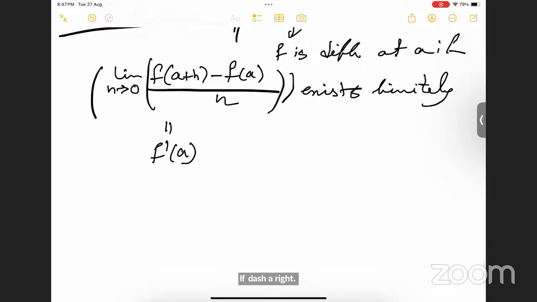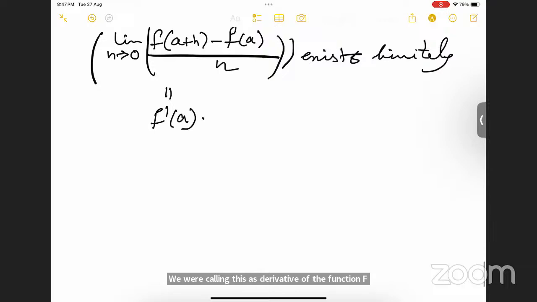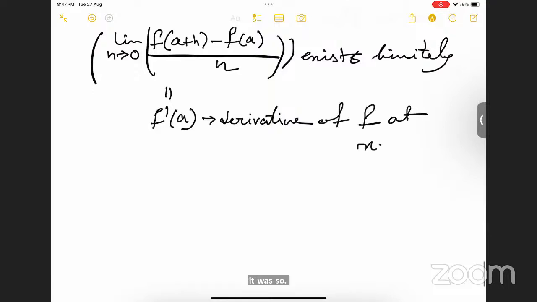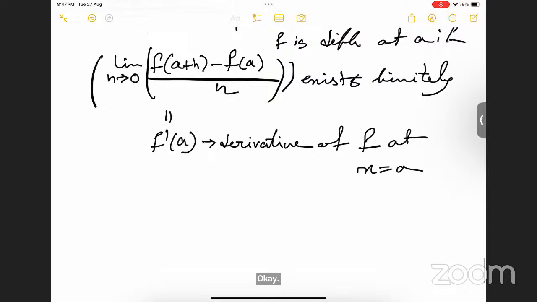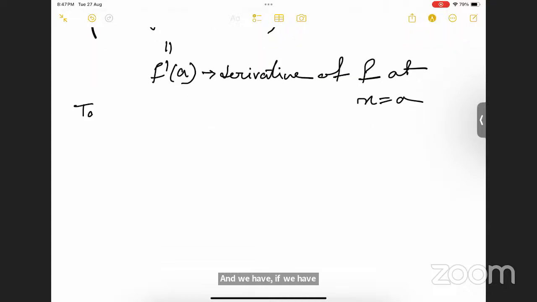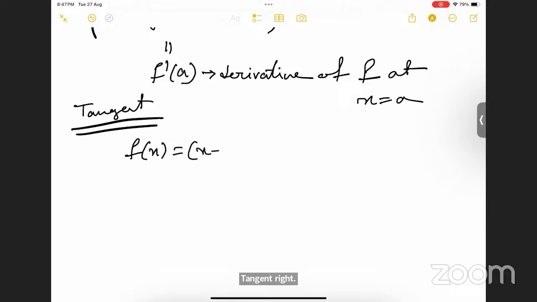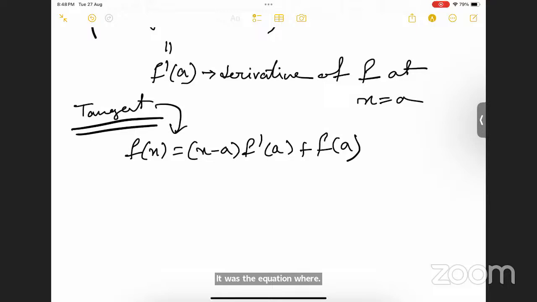And we were calling this f dash a the derivative of the function f at x equals a. And if we have the derivative of the function, then we know the equation of a tangent, which was f dash a into x minus a plus f of a. It was the equation for a tangent of f at the point a.